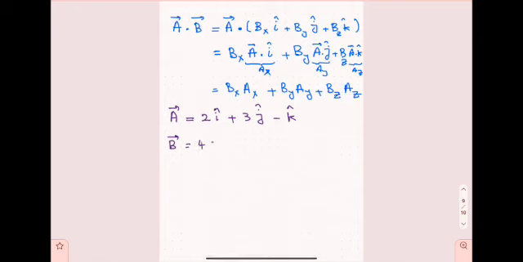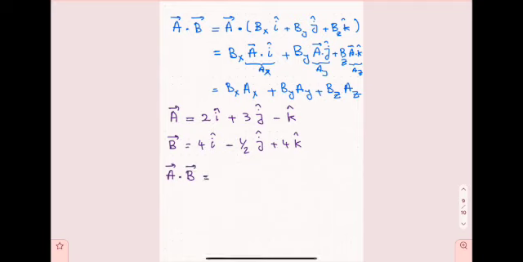So 4i hat minus, why not, 1 over 2 j hat plus 4k hat. Okay. Now we want to calculate the dot product of these two vectors. Yeah. So A dot B.